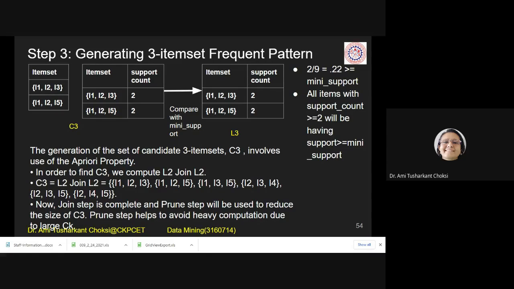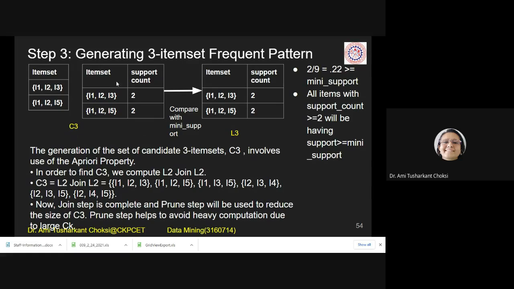In C3, the items can be only those which were frequent in L2. Only then can we combine to have the candidate set C3.